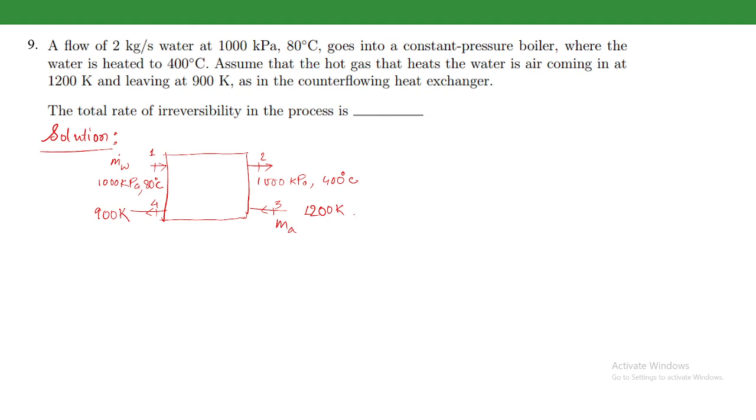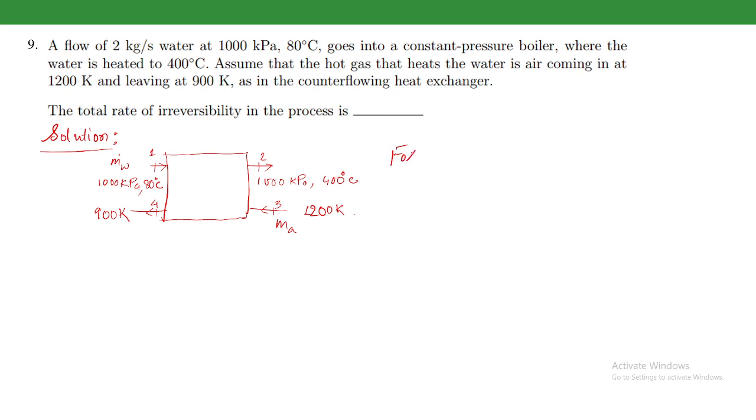And the hot gas that heats the water is air, and it is coming in at 1200 Kelvin and it leaves at 900 Kelvin. So in this process, due to this heat exchange, what is the total rate of irreversibility? Okay, so for water, let us start.